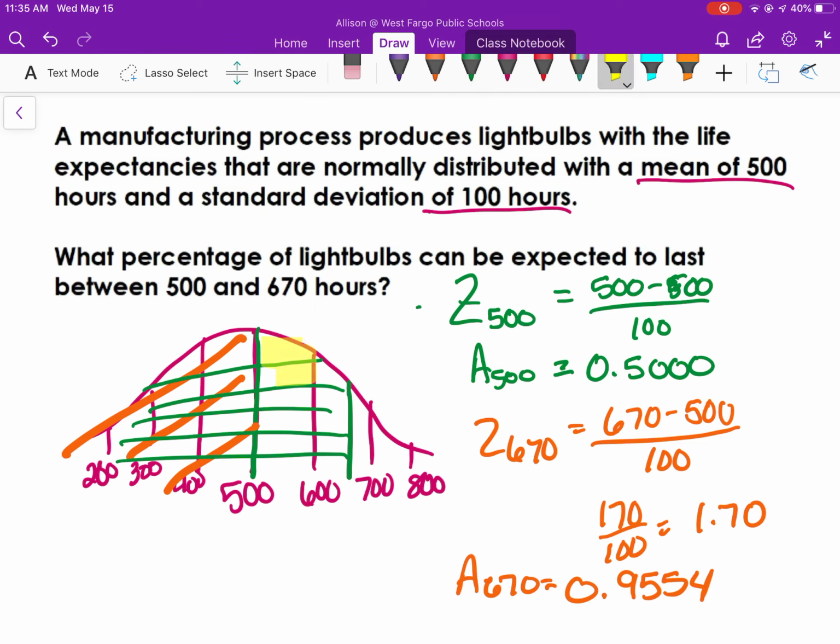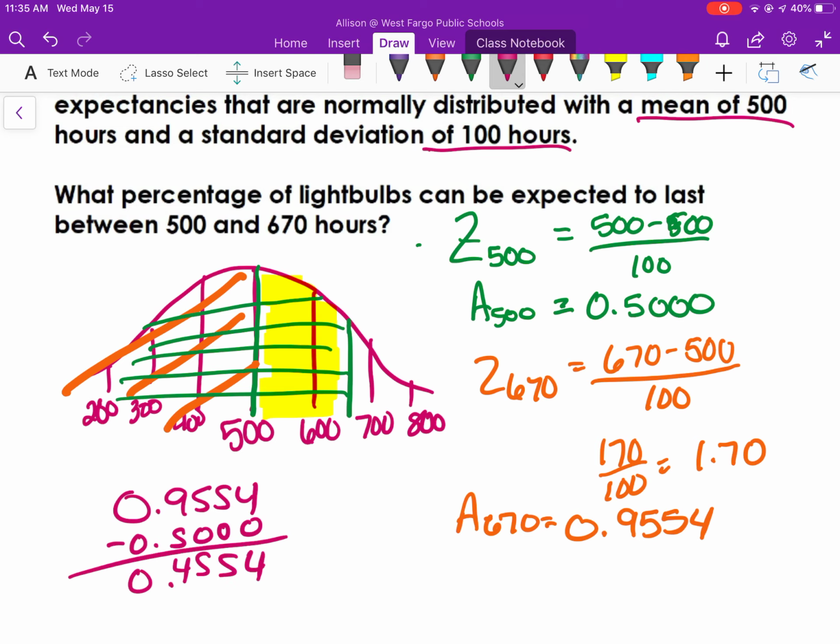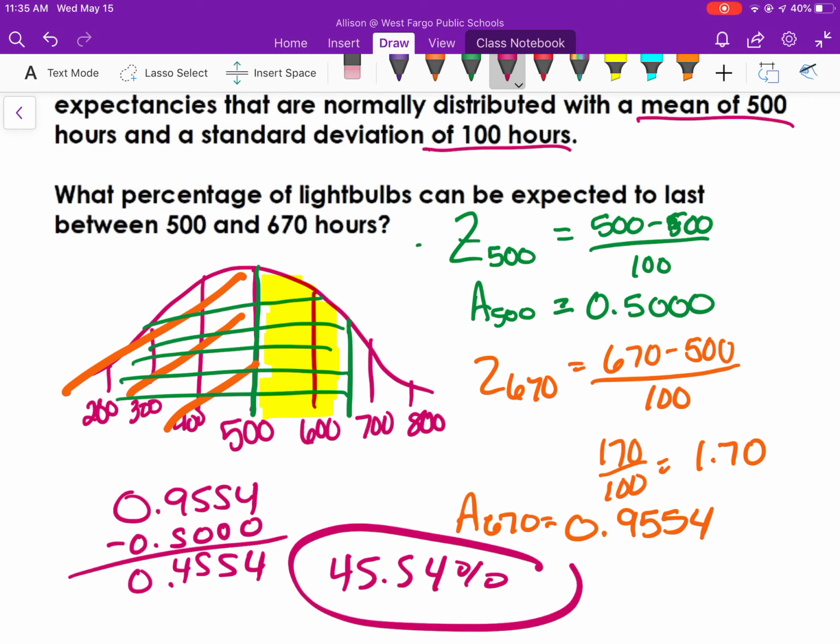And if I want just this part right here, I'm going to take the bigger one, the whole green, and subtract off the orange. So I'm going to take the 0.9554, subtract the 0.50, and you're going to end with what's left, what I highlighted in yellow, or 45.54% of light bulbs are expected to last between 500 and 670 hours.